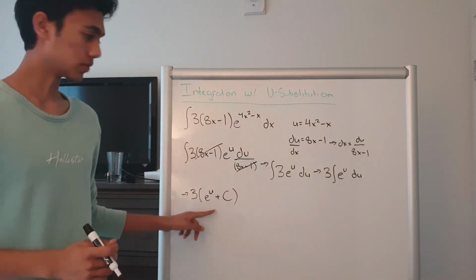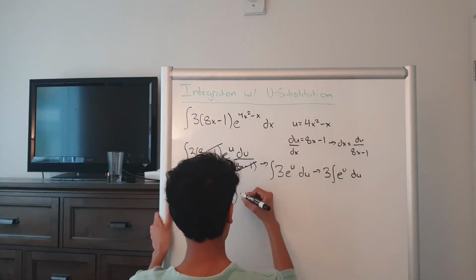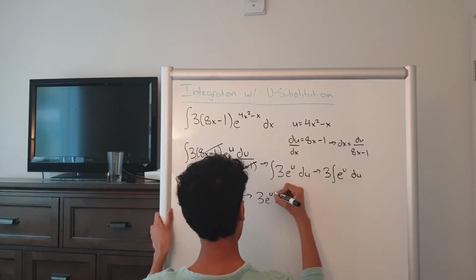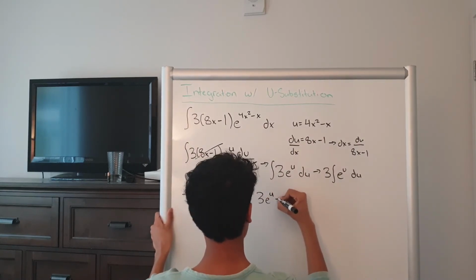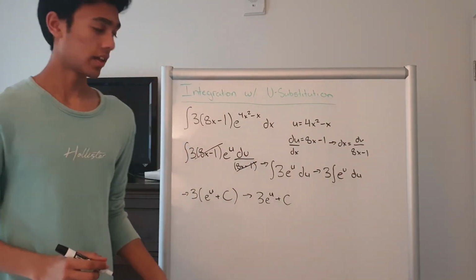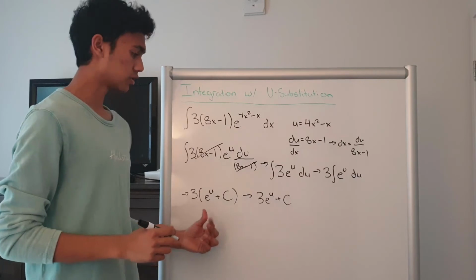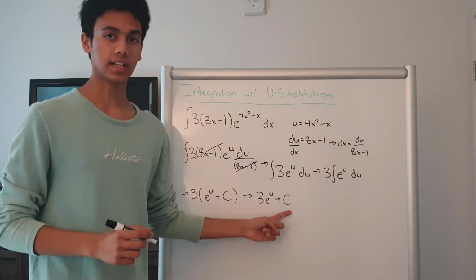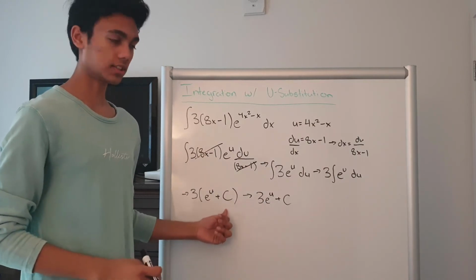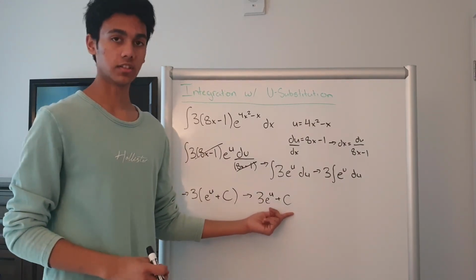Now we can distribute the 3. And you'll see here that even though I distributed the 3, I still kept c the exact same. This is because either way, 3 times c, which is a constant, is still just going to be another constant.